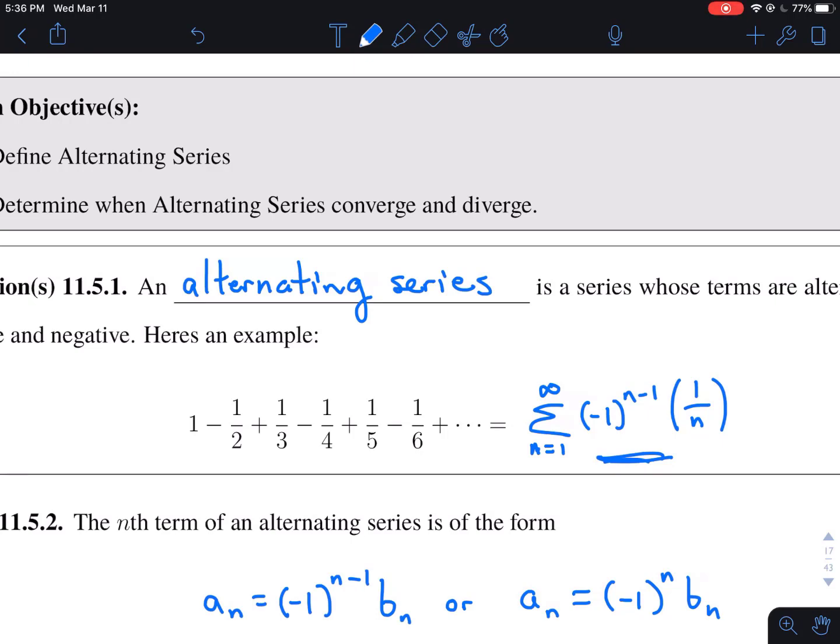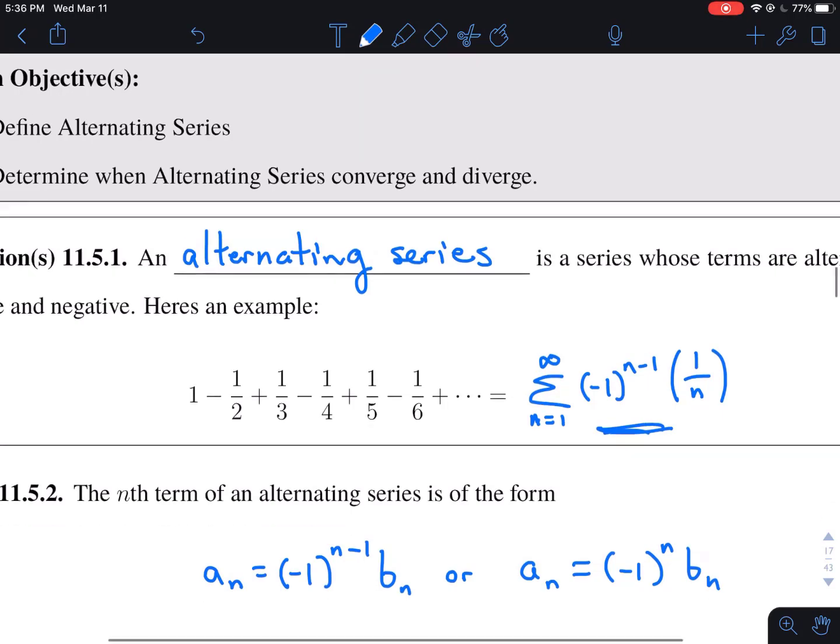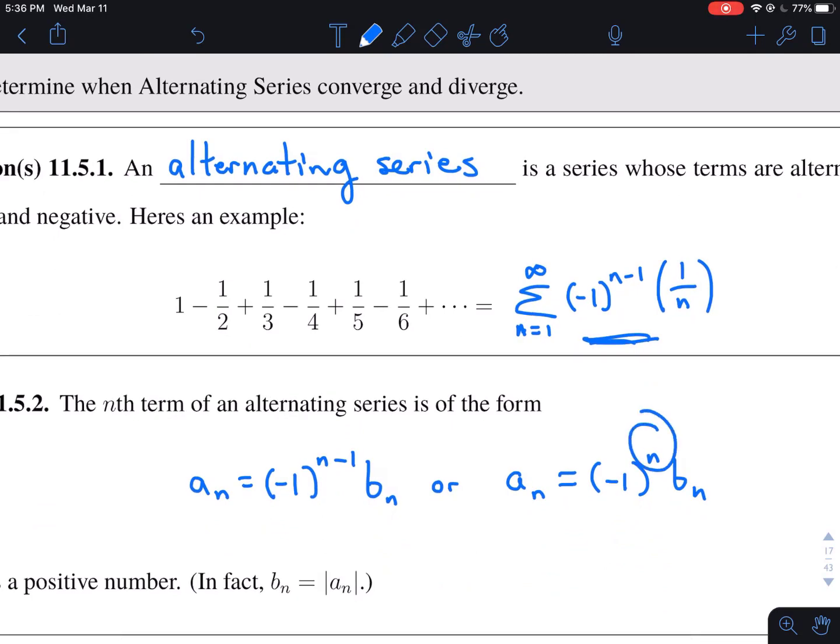That power can be n, like we have here, or n-1, or n+1, or n+2, or anything so that it's actually alternating between the positives and the negatives. That's going to be a fine way to represent an alternating series. So that's what we mean by alternating series.